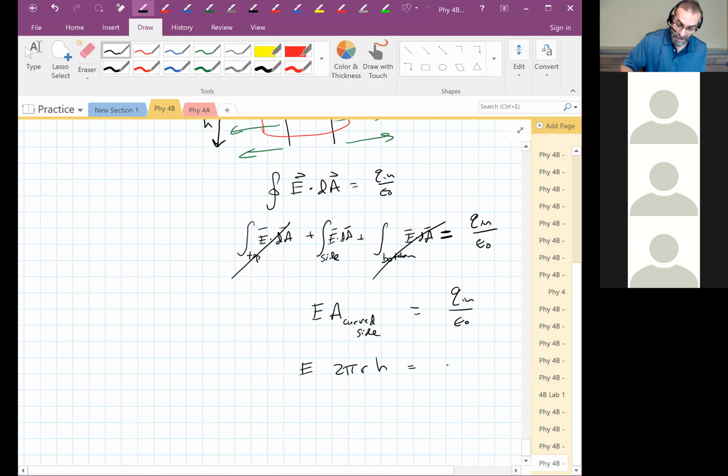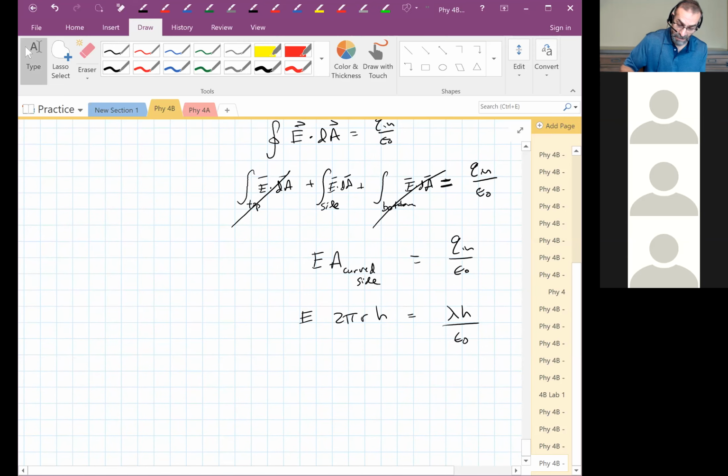And what is Q inside? It's lambda h, right? And so the h's cancel. And I have my electric field is 1 over 2 pi epsilon naught, lambda over r. And if we put a vector, if it's positive, it's in the r hat direction. If it's negative, it points inward.